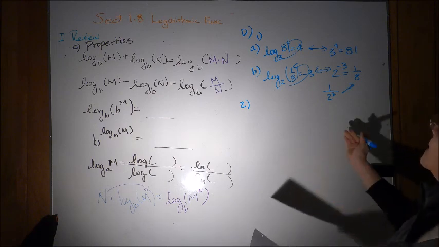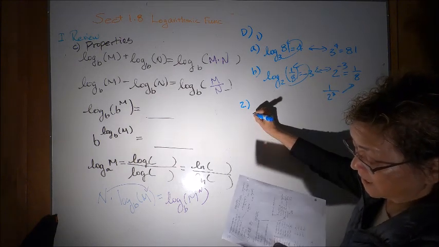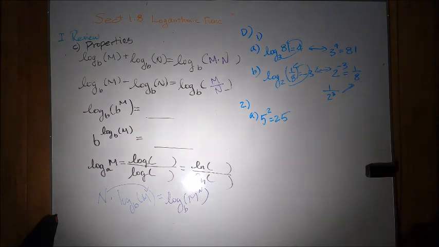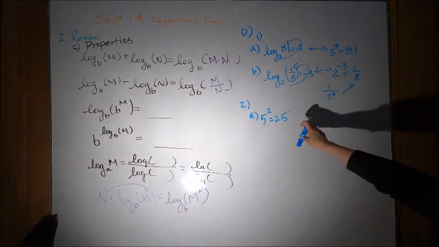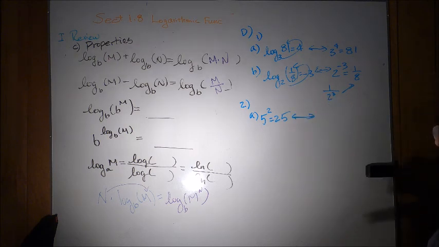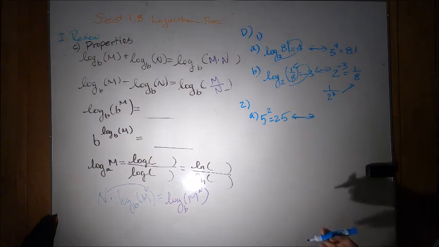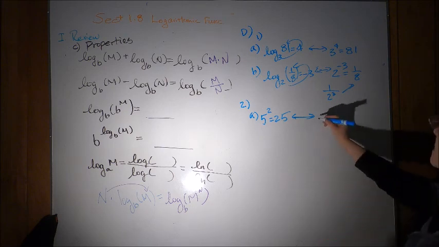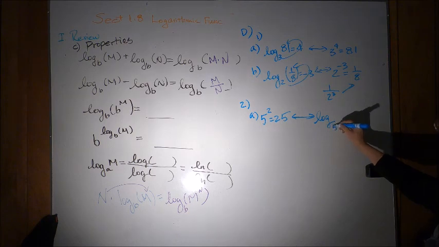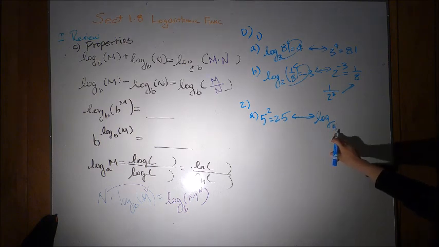Okay, and vice versa. If I have 5 squared, 5 squared equals 25, right? So if I change it to log style, how would it look? Log, what is your base? 5, the base on the bottom, right?